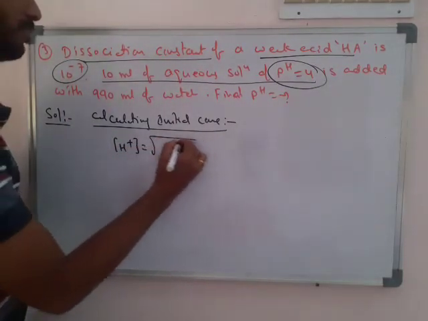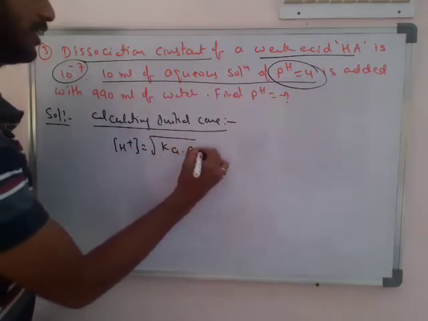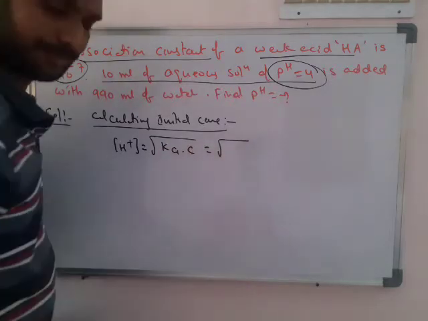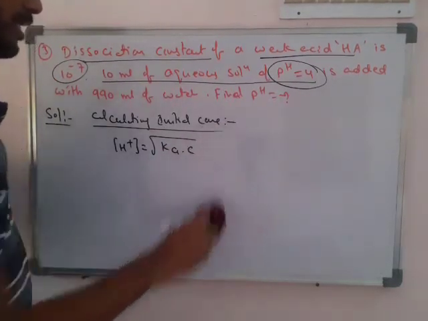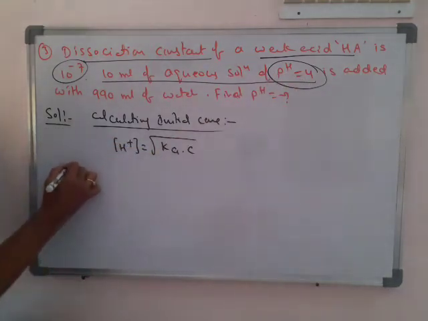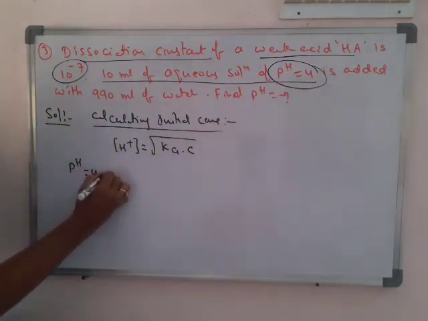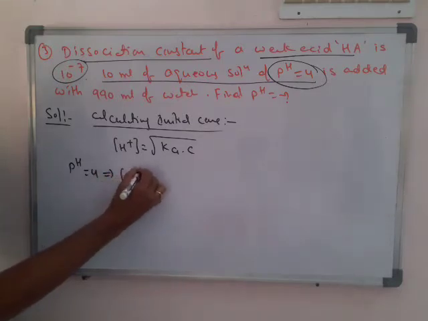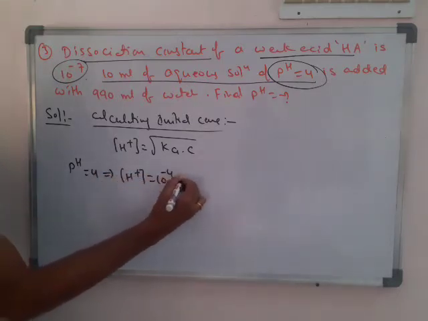So pH equal 4 implies H plus equal to 10 to the power of minus 4.